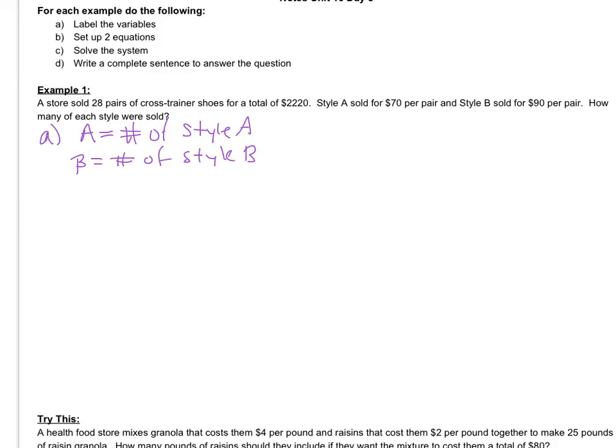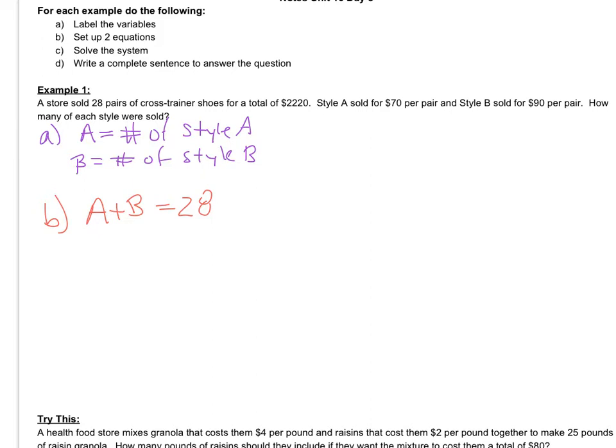The next thing we need to do is set up 2 equations. To do that, we need to think about what we're doing. The store wants to sell a total of 28 pairs of shoes. Well, if A is the number of style A and B is the number of style B, we can say that together A plus B has to equal a total of 28 pairs.